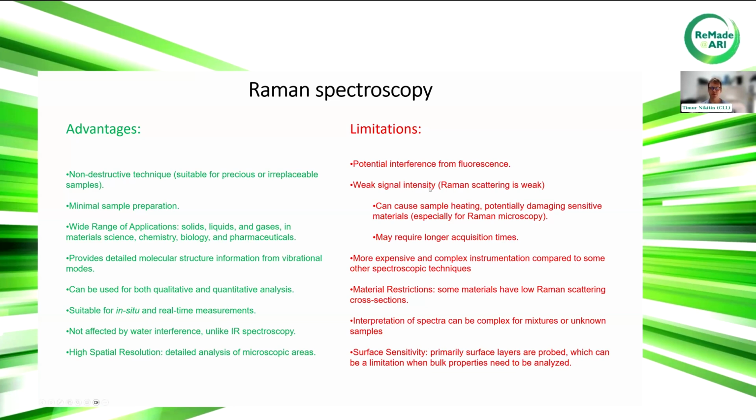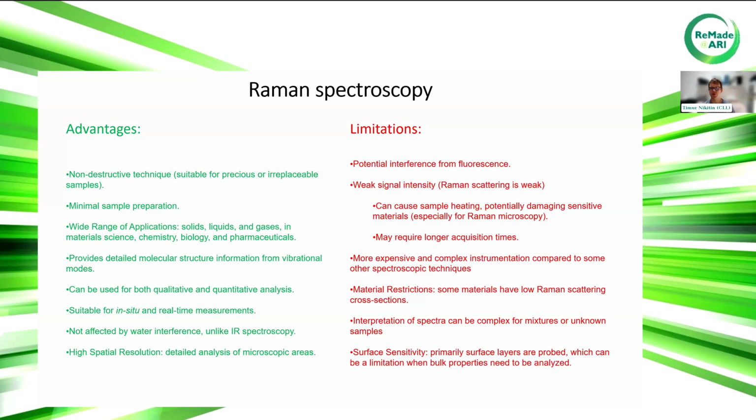Of course, there are some limitations. The first, which I already mentioned, is the fluorescence. For some samples with high fluorescence, we can try to avoid it by using a near-infrared laser. The second disadvantage is inherent to the Raman scattering process, which is very weak.